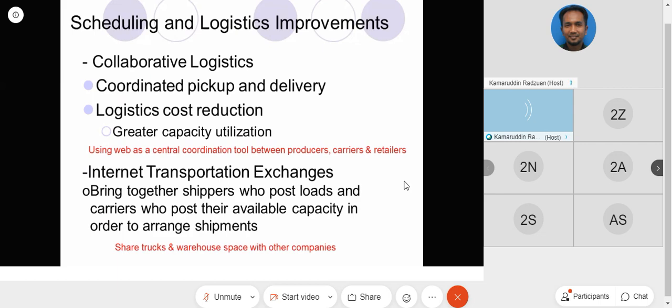Based on the internet transportation exchange, they will provide information to help the supplier and manufacturer maximize the use of the logistic capacity that they have.